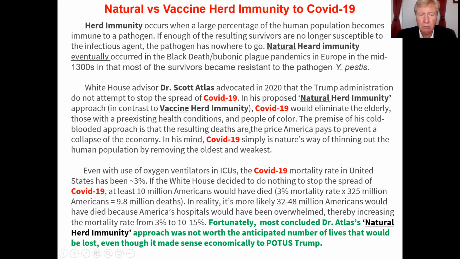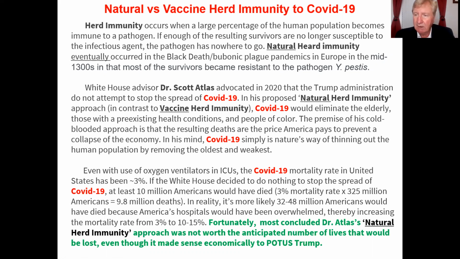And the premise of this cold-blooded approach is that the resulting deaths are simply the price America pays to prevent collapse of the economy. In his mind, COVID-19 simply is nature's way of thinning out the human population by removing the oldest and the weakest.